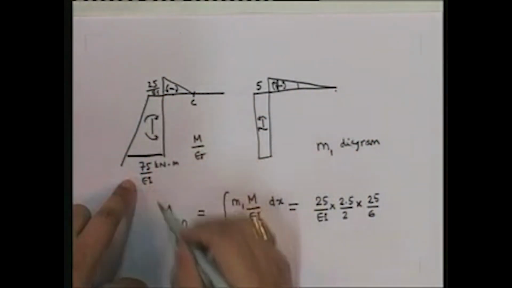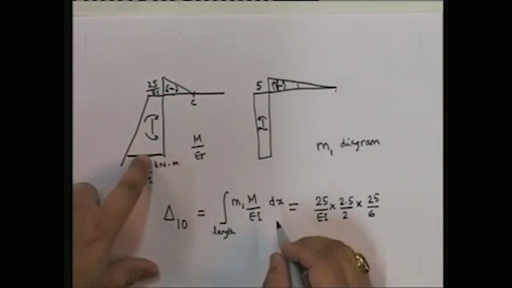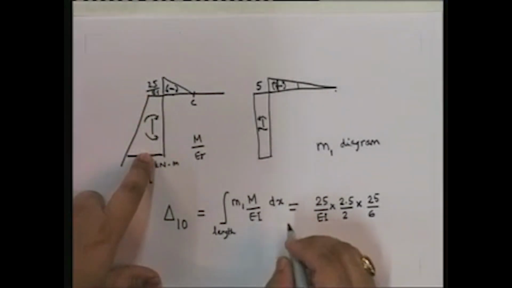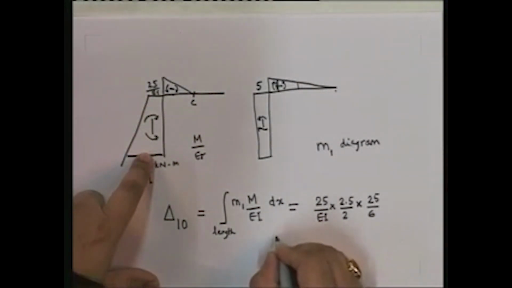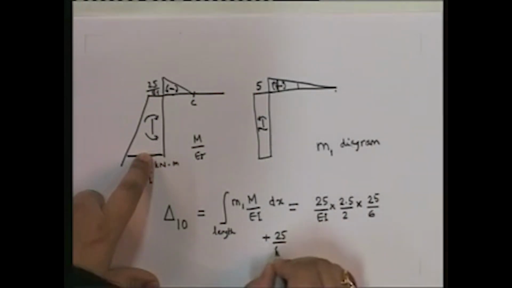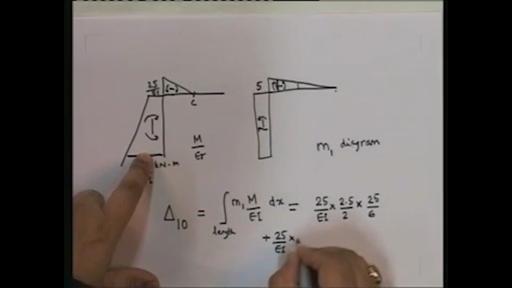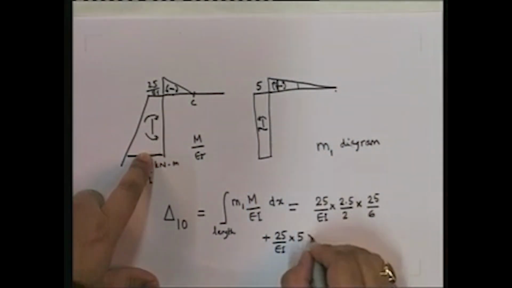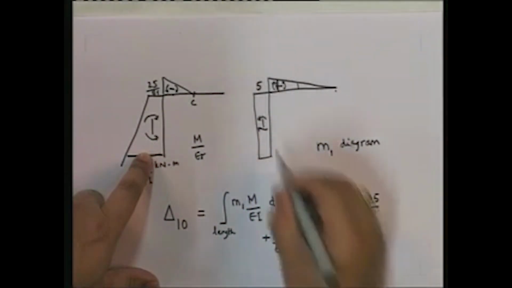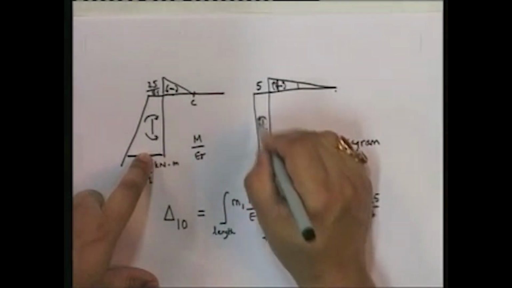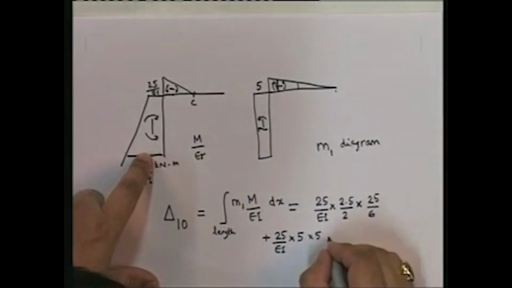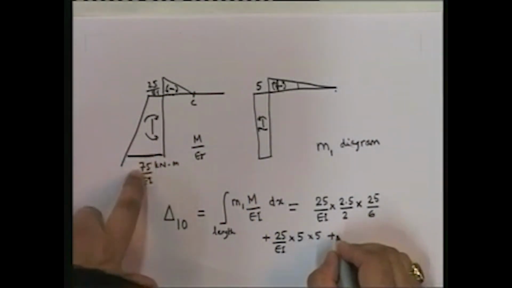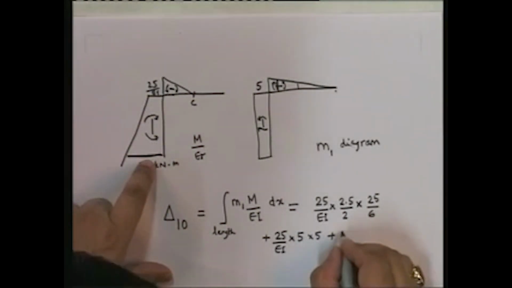Then we look at it over this length. This can be broken up into two parts. One, a rectangle of 25 by EI. So you're going to have plus 25 upon EI into 5, that is the area under this curve, multiplied by the value at, that's going to be 5, because this is a constant. It doesn't matter where the centroid is, it's going to be the same. And the next one is going to be the difference, which is 50 upon EI.